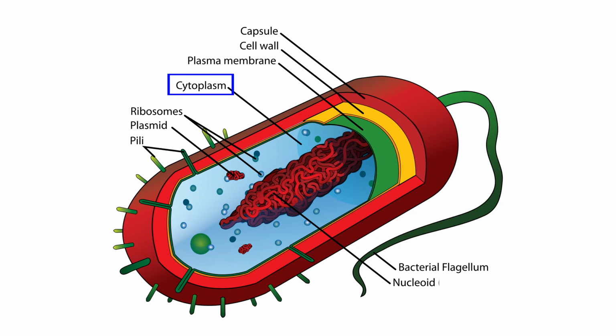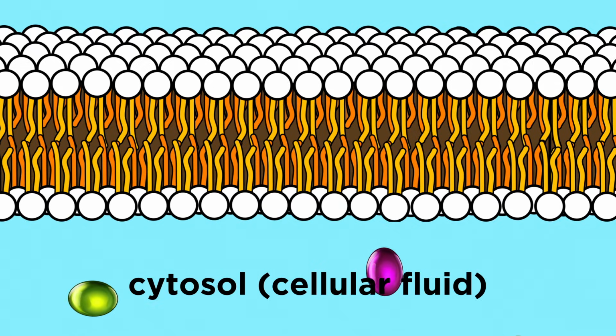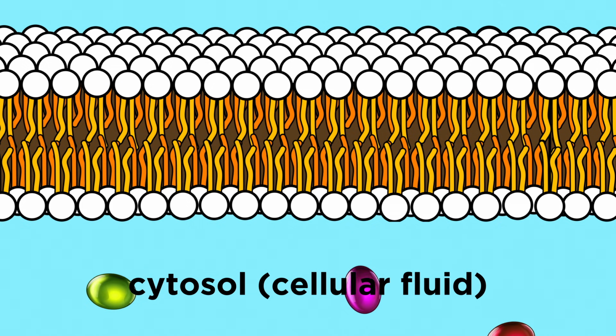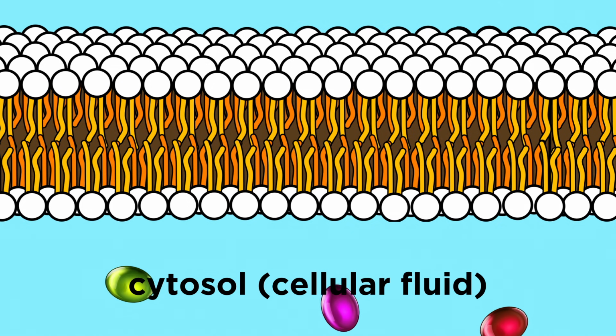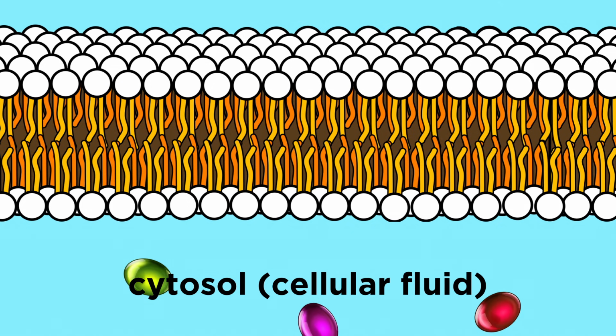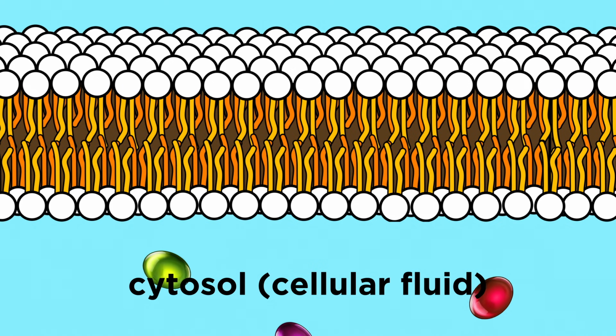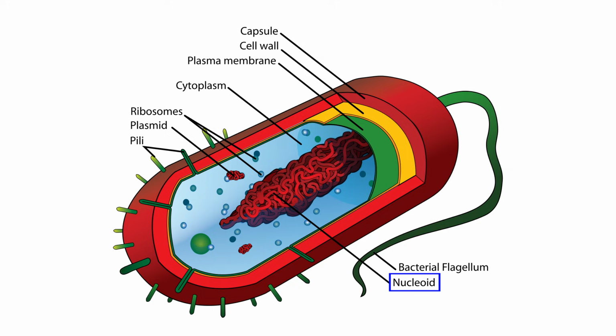The interior of the cell is generally called the cytoplasm, but the actual fluid present within the membrane is more specifically called the cytosol. This is a jelly-like substance where all the cellular components float around. These components include a nucleoid, which is the region where the genetic information for a prokaryotic cell can be found.